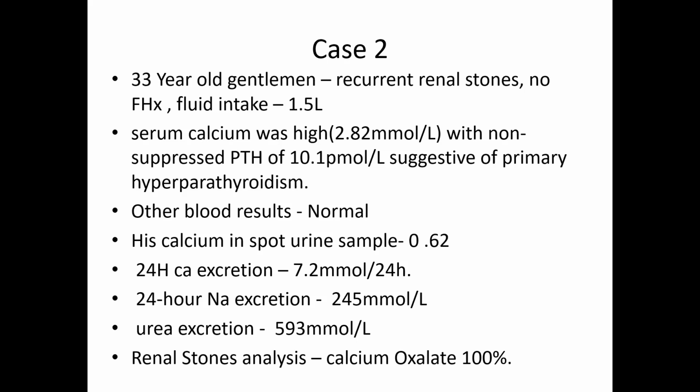His urine sample was borderline at 0.62, 24-hour calcium excretion 7.2, that's high normal, and 24-hour sodium excretion was high at 245 millimoles per liter, and the urea excretion was high at 593 millimoles per liter. Renal stone analysis was 100% calcium oxalate.